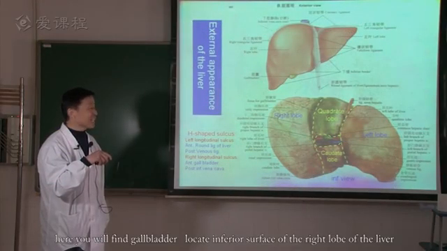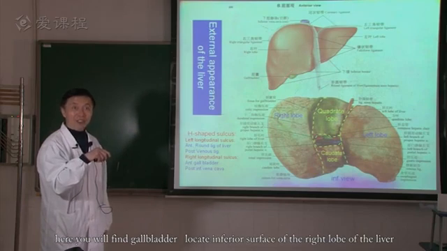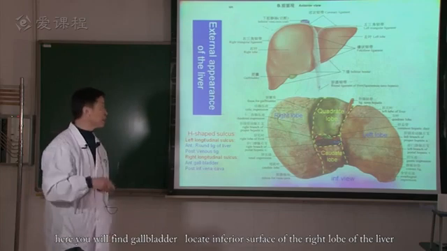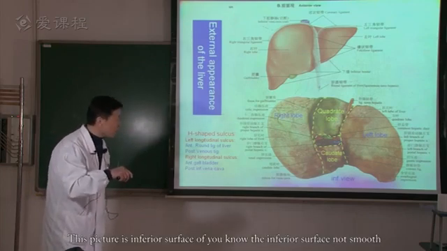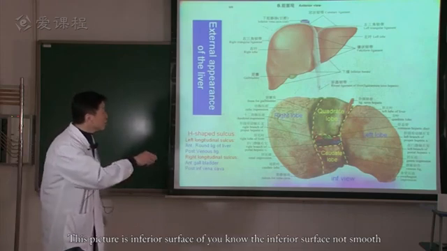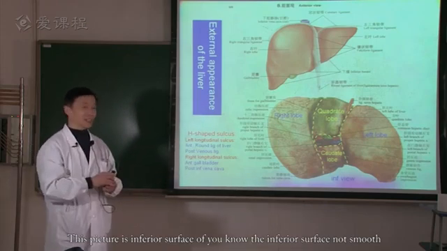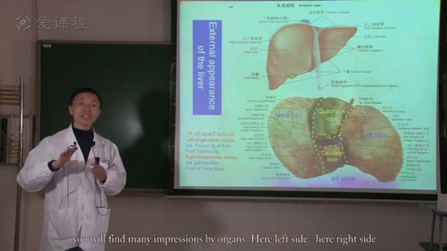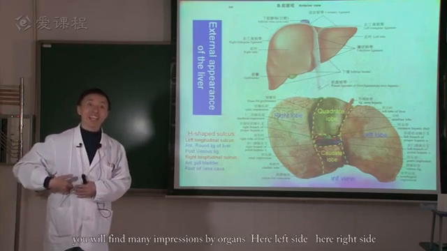Here you can find the gallbladder, located on the inferior side of the right lobe of the liver. This picture is the inferior surface. The inferior surface is not smooth. You can find many impressions.